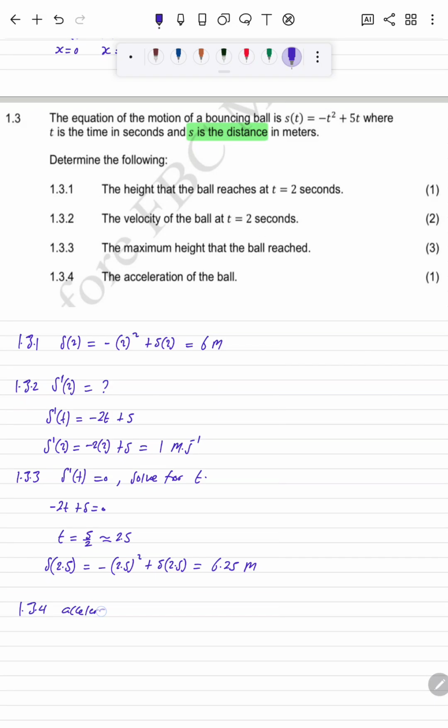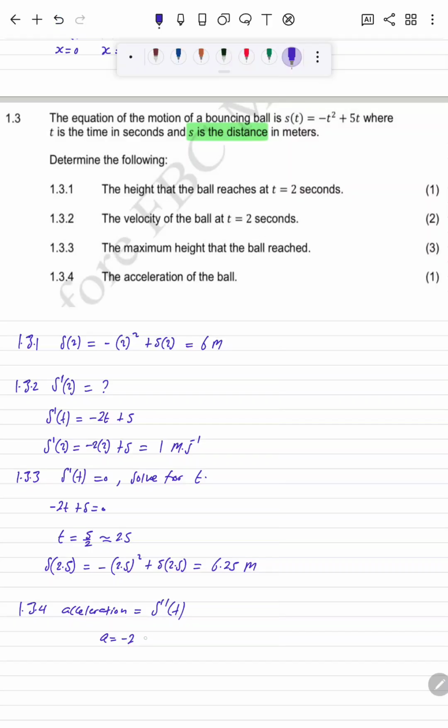And then 1.3.4, very easy. Acceleration, symbolized by small letter a, is always the second derivative. We know the first derivative. When you find the derivative of that, the derivative of negative 2t is negative 2, and then the derivative of 5 is 0.